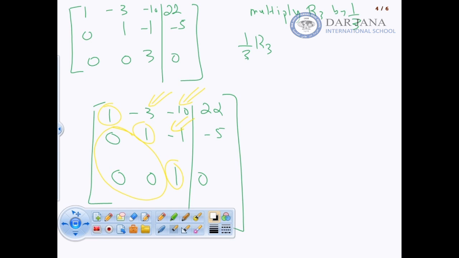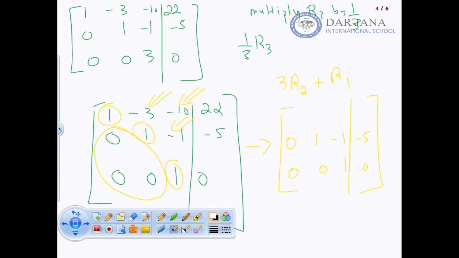So what I'm going to do is multiply R2 by 3 and add it to R1. I'm going to do it mentally and quickly because you already know the procedure. So I'm going to multiply R2 by 3 and add it to R1. The second row will not change. The third row will not change.